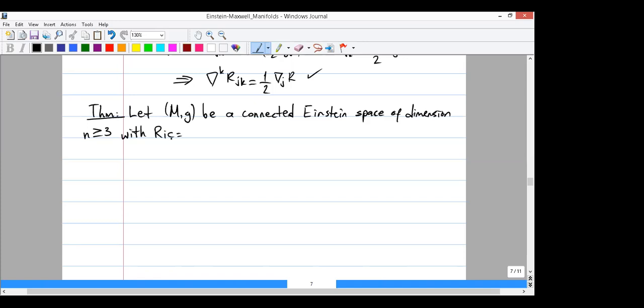Actually, Einstein space already includes that, but let's just mention that.